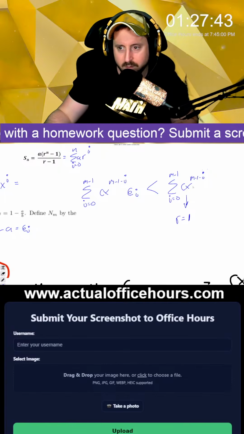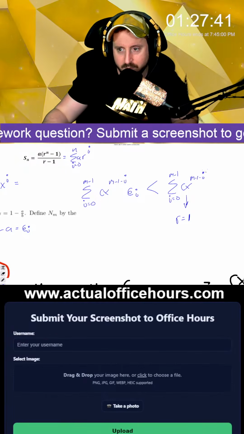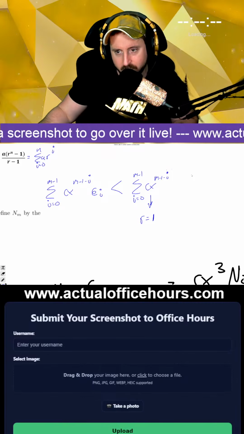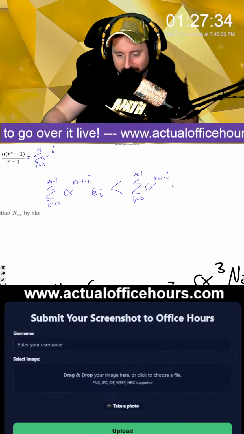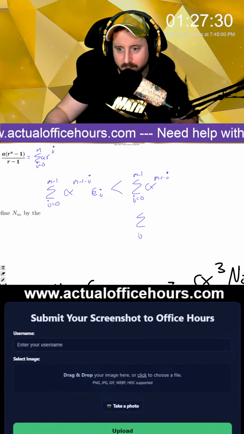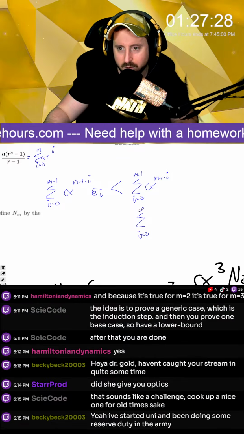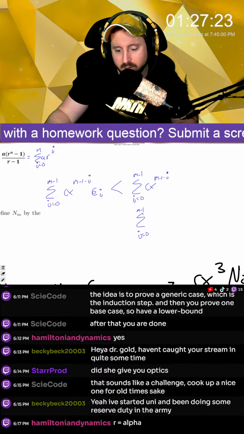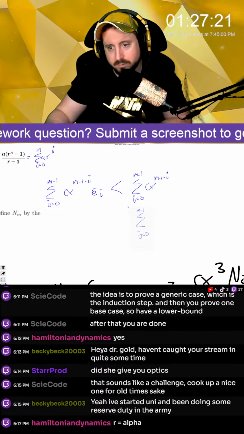Wait, this has i's in it, right? Let me be careful. Can you write it out as something plus something plus something, instead of using the summation notation?